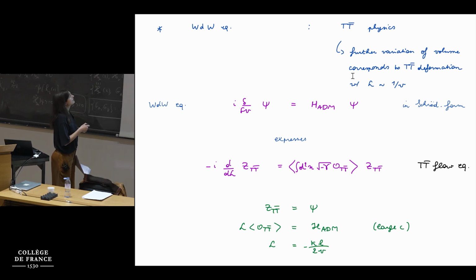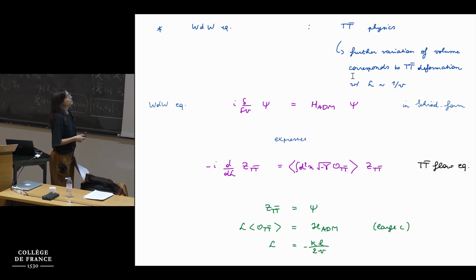So to see that, let's look at the Wheeler-DeWitt equation in the Schrodinger form, using the volume time expression. This then expresses dual physics in terms of the partition function, and what it expresses is a flow equation for the TTbar partition function.